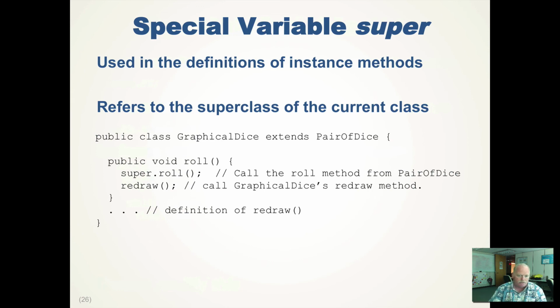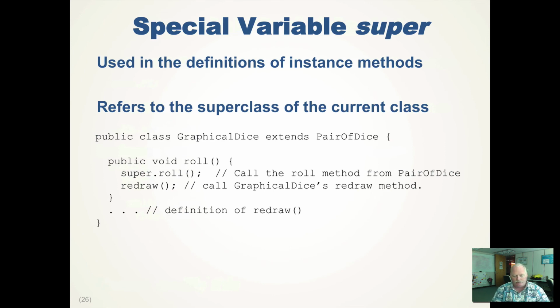We want to show them on the screen somehow. But when we call roll, we also want to call the PairOfDice's roll method, and in order to do that, we use the special keyword super. So we say super.roll, which calls our parent class's roll method, which will change the value of the two dice, and then we redraw, which will do the graphical part of the thing.